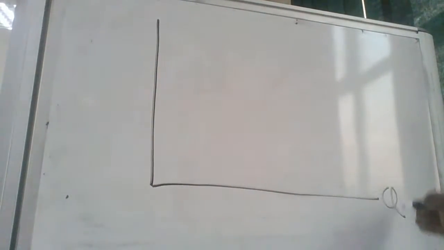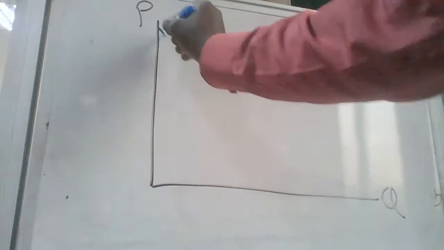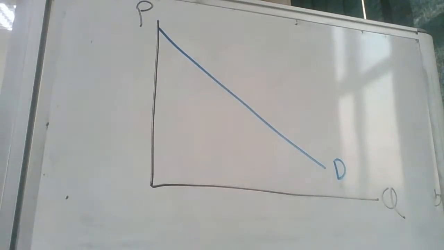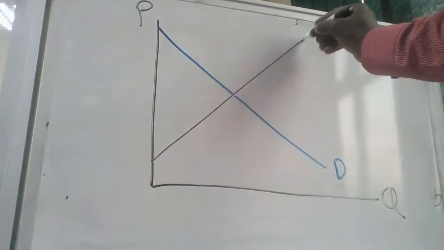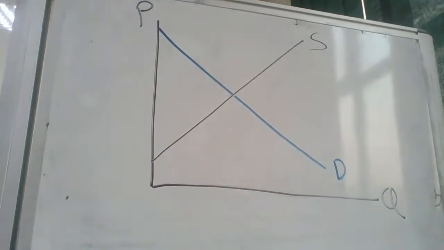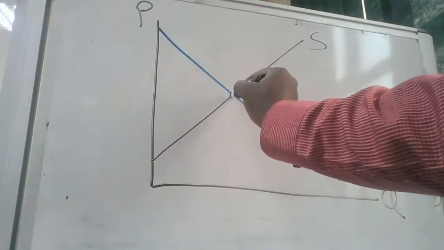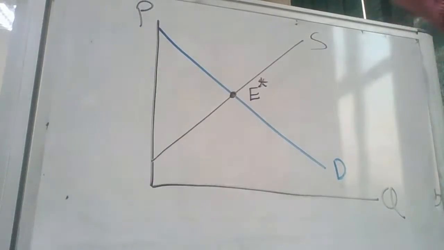So we have quantity, we have the price. We said that the conventional demand function is downward sloping. We label it D. And our supply curve is upward sloping. We label it S. I've changed the colors now, maybe you'll be able to see. And the point where the two meet, remember we called this the equilibrium point and we labeled it E star.